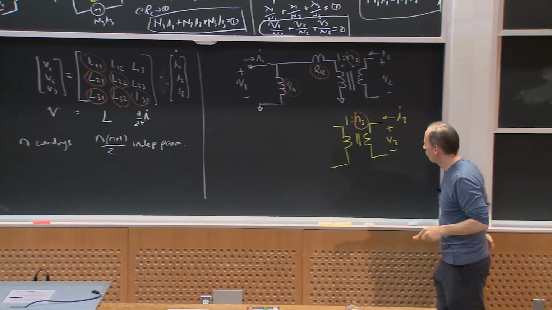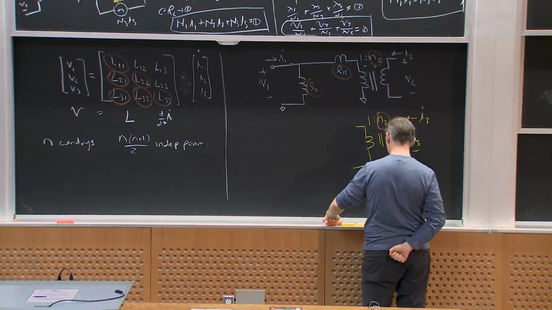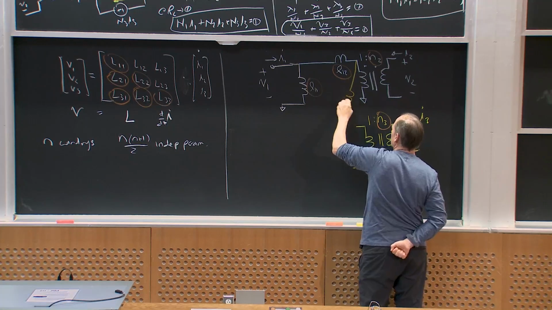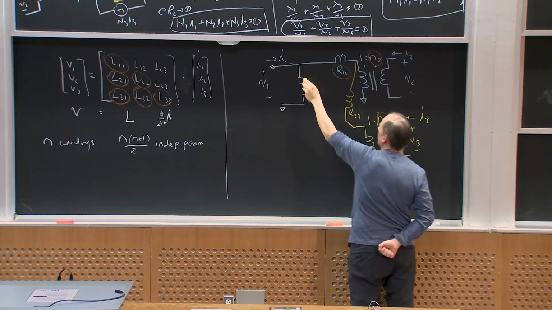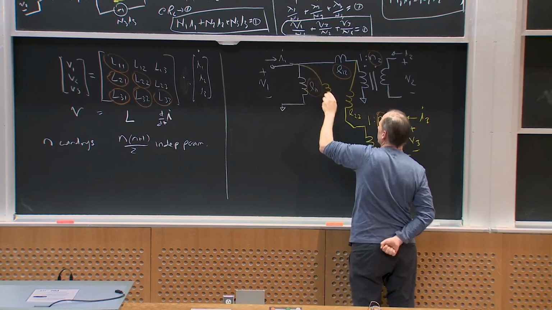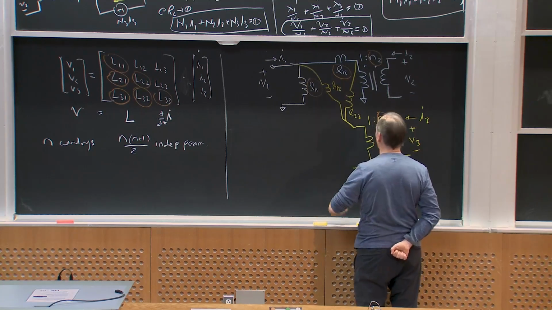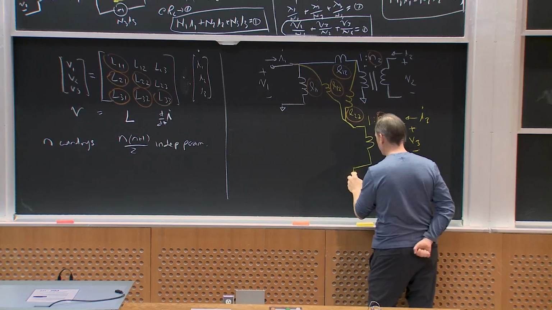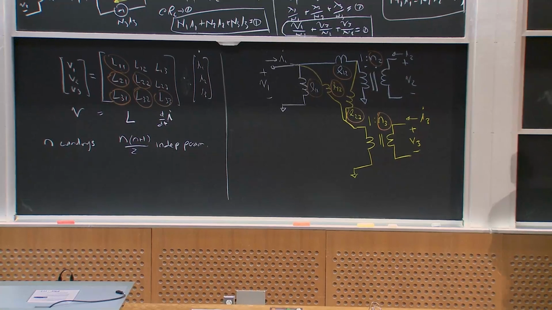And now I need 2 more. Well, I can model the other 2 just with an inductance from here to here, which I'll call L23, and an inductance from here to here, which I'll call L13, and that gives me my 6 parameters. And I tie this one to the same reference point. Okay? So you can kind of see where this is going.